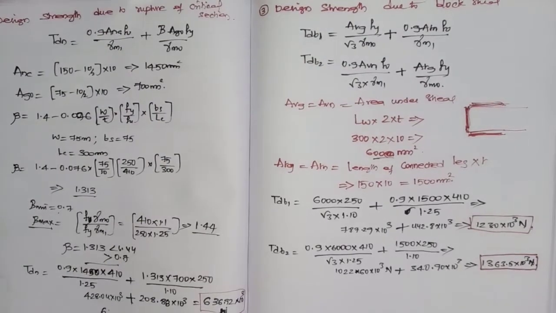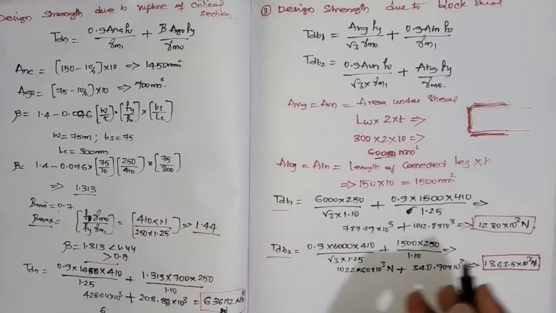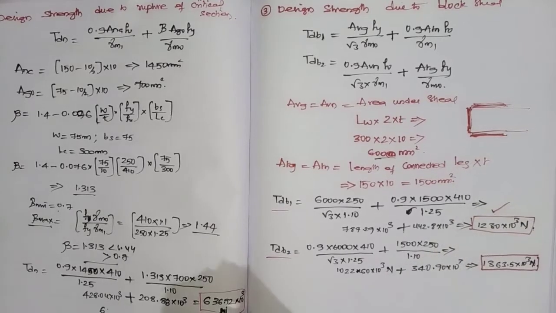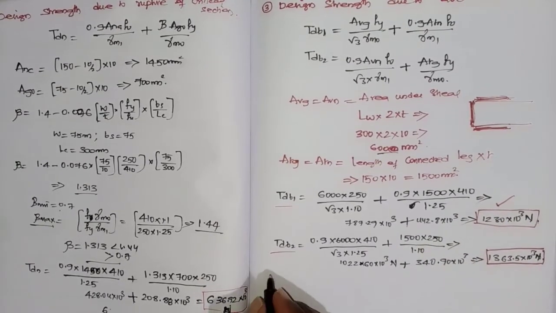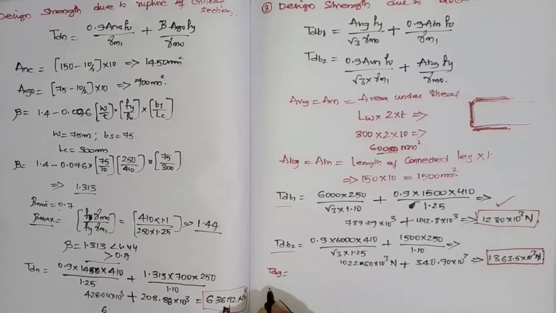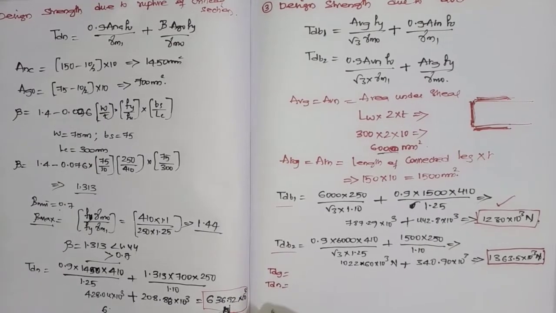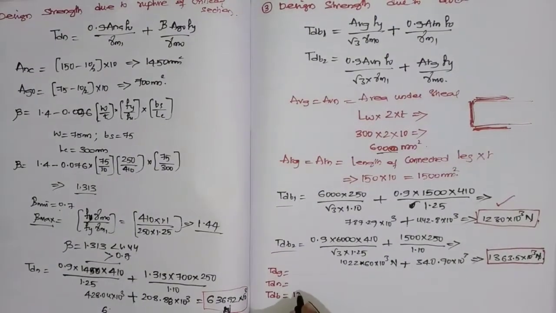Now from TDB1 and TDB2, which is less, this one is to be chosen. Next, TDG, TDN and TDB. What is TDB? 1230 into 10 power 3 newtons.